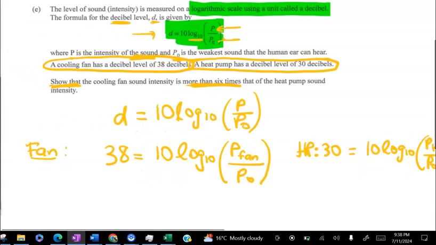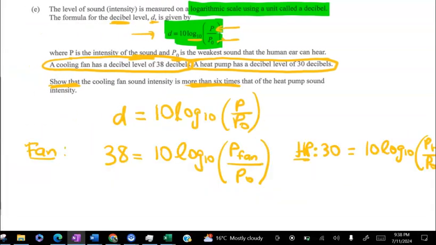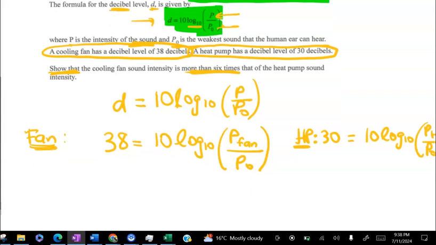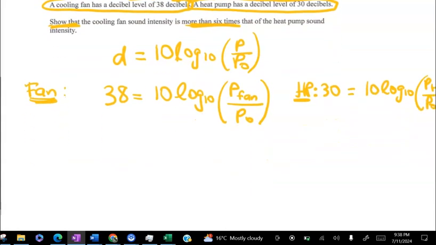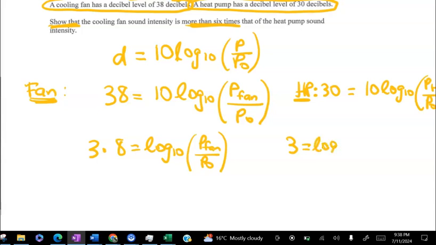Now, it's a show that question, so I guess we have to be careful to explain what we're doing. Rearranging this, we get 3.8 is equal to the log of P fan over P naught. And over here, we've got 3 is equal to the log to base 10 of P heat pump over P naught.